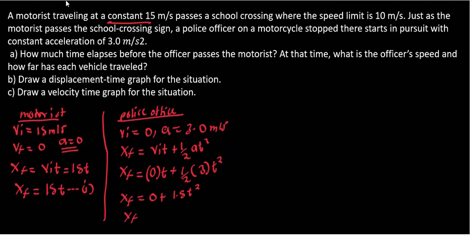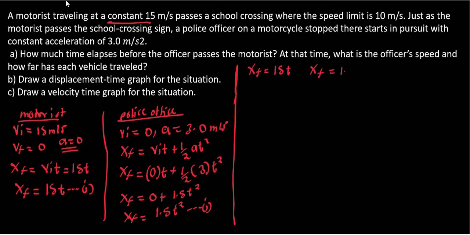So the second equation is 1.5 t squared. After doing that, you have two equations: the displacement of the motorist, which is 15 t, and the displacement of the police officer, which is 1.5 t squared.